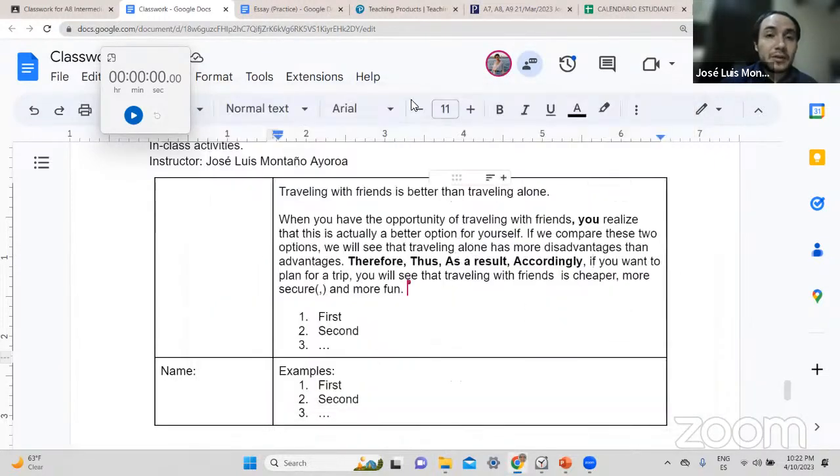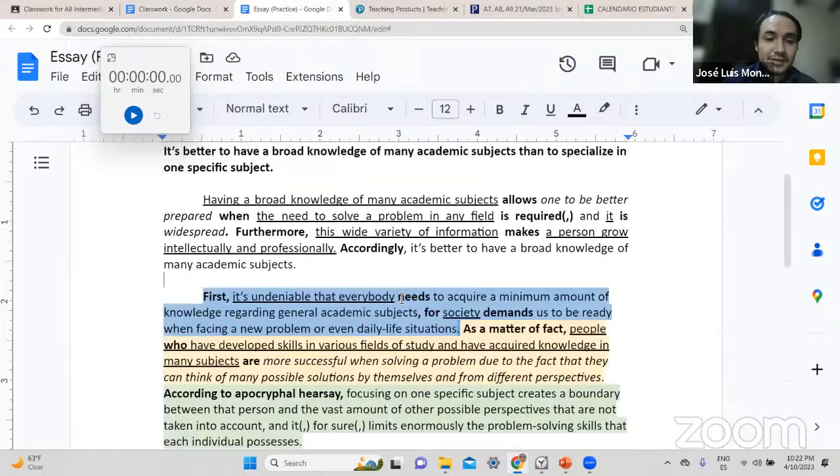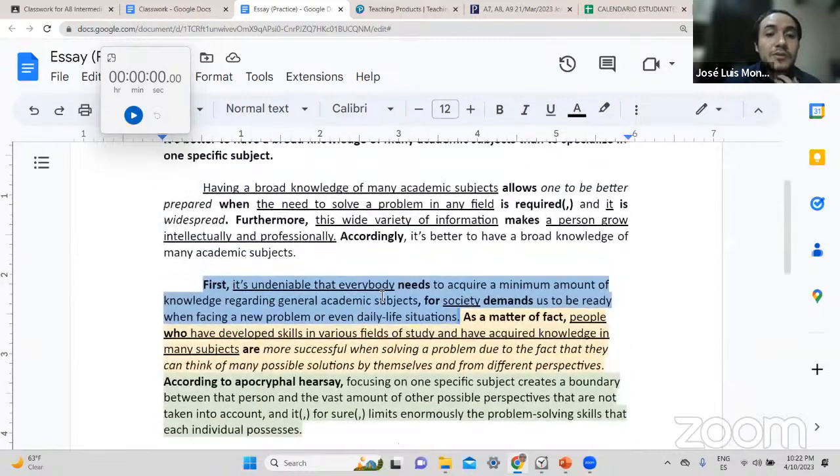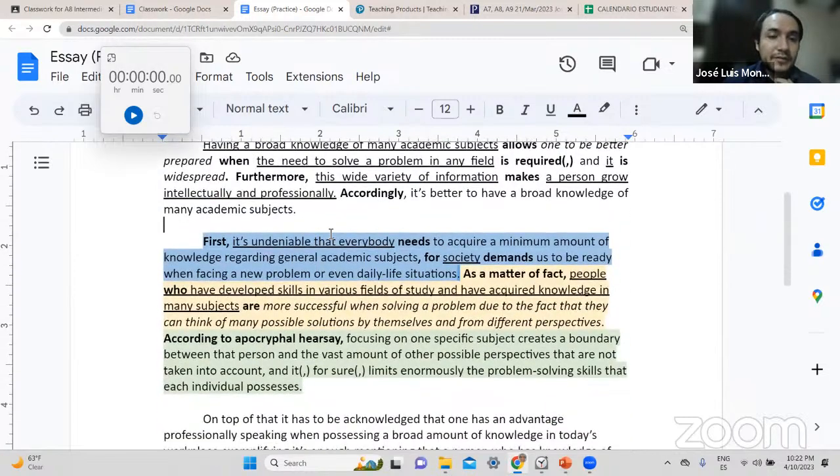We're going to correct the paragraph that we didn't correct yet, the third one, in terms of punctuation. After correcting that, we're going to work on the first paragraph for the same essay, and keep using the comparatives and all the knowledge that we've been working on.